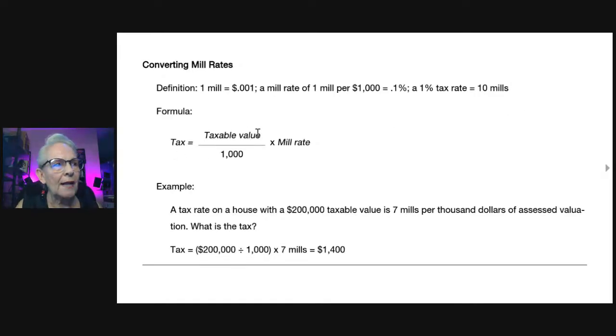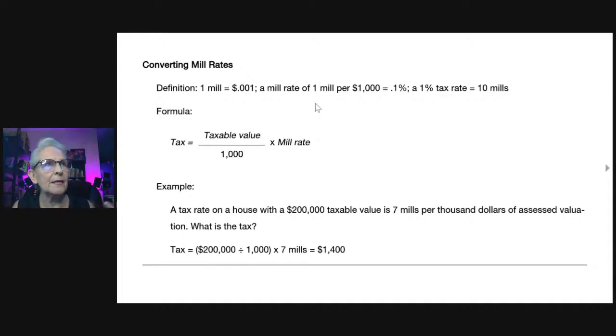So tax equals taxable value. So if the property is valued at $500,000, you put the $500,000 up here, divided by 1,000, which is 1 mill, times the mill rate. The mill rate is what the city and the county will charge as far as a property tax on the assessed value of that property.